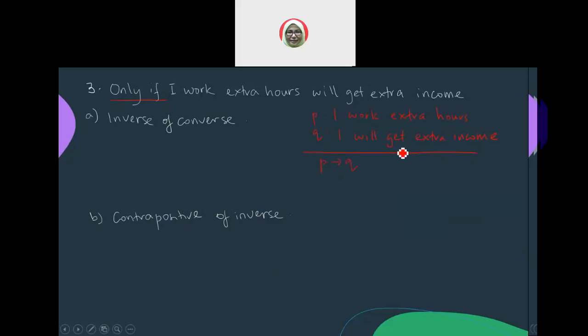P implies Q. So to write the inverse of the converse, you see that there are two words here, inverse of converse, meaning that you should first find the converse of this statement.